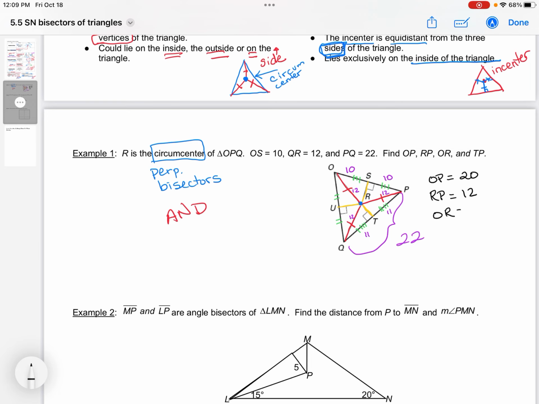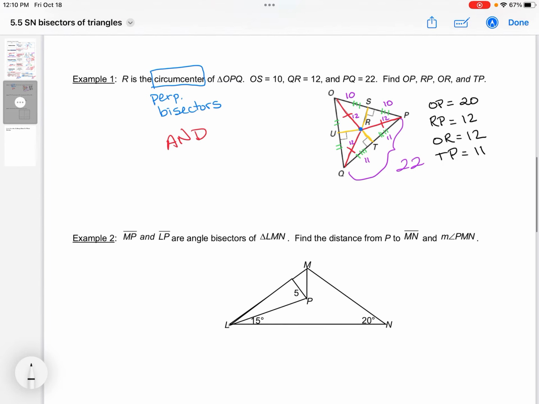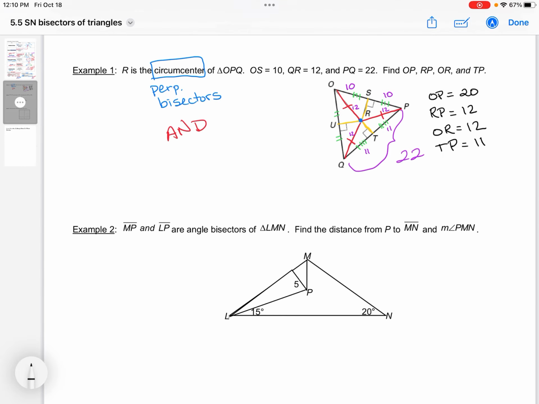We found OR, which is also 12. And we found T to P because it was half of 22, which is 11. So there's a lot of lines to keep track of and a lot of parts, but once you figure out where they go, finding all the rest are easy because a lot of stuff's equal to itself or to each other.